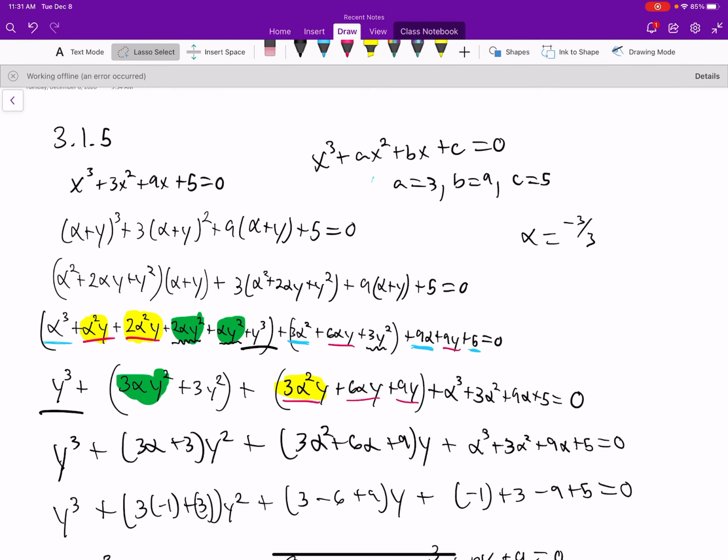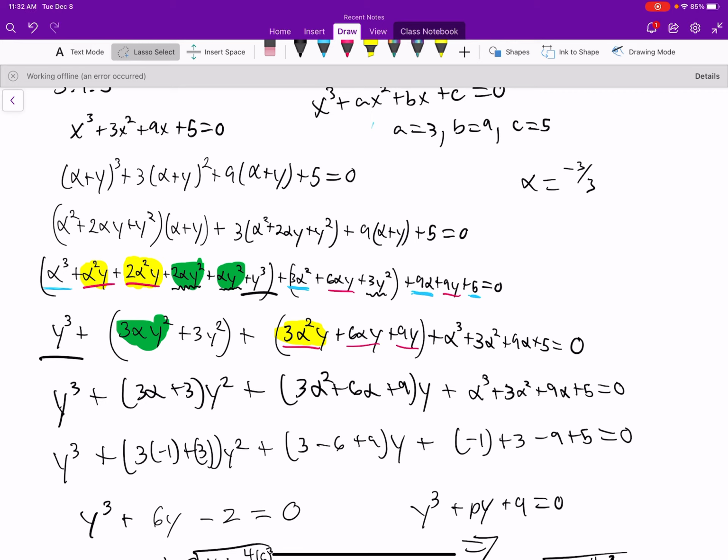Every time, you choose alpha plus y. But once you go through all that, you look for all the y terms, like y cubed, y squared, y, and the y to the 0 power term.